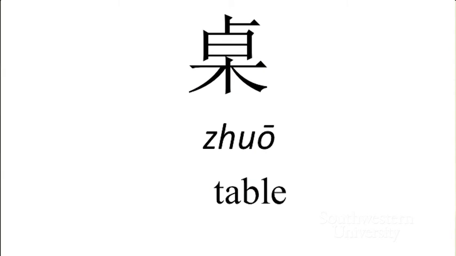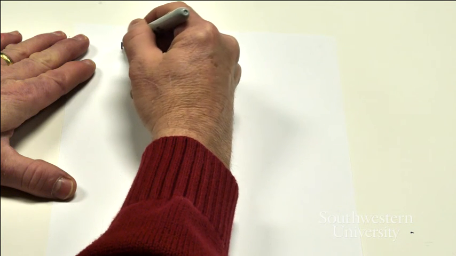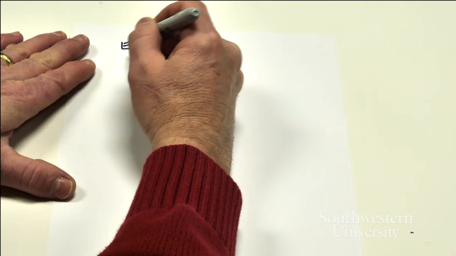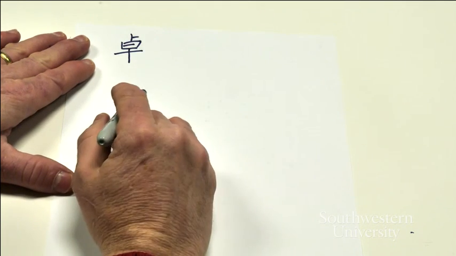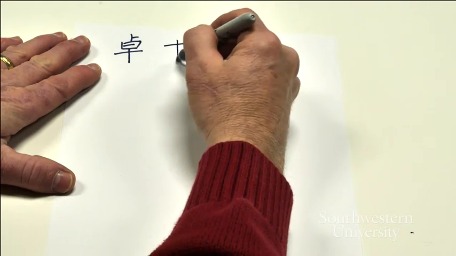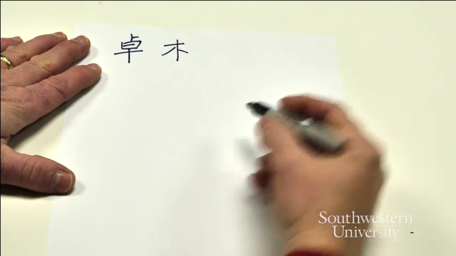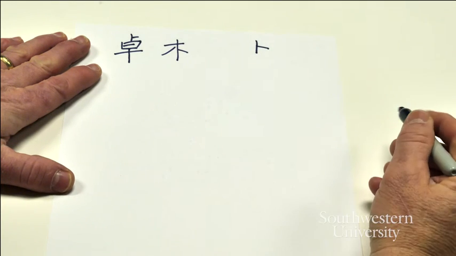The next character, zhuo. The top part is phonetic. So you've got this component, which when written like that is zhuo, meaning excellent or wonderful, and you have bu underneath it. But the way I remember it is that you have a centerpiece.